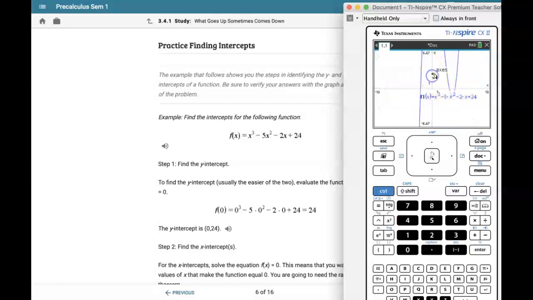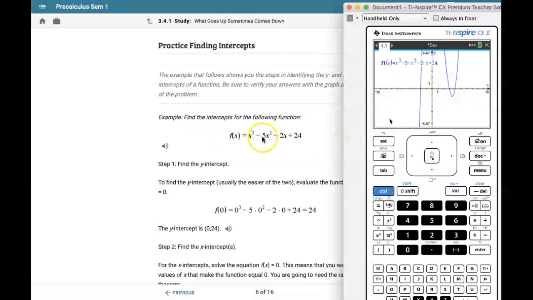Right now I have my zoom in, so maybe I'd want to zoom out if I can, but for right now this is fine because I'm seeing my x and my y-axis. I'm seeing my origin right there at 0, 0, and I see it crosses the x-axis 1, 2, 3 times. That means I know that it has 3 real roots.